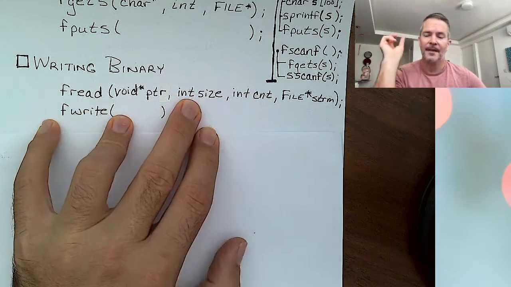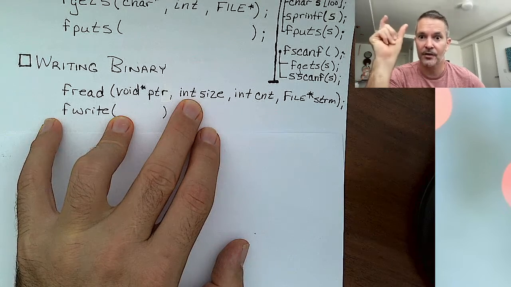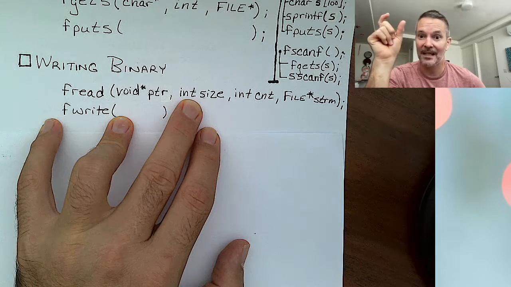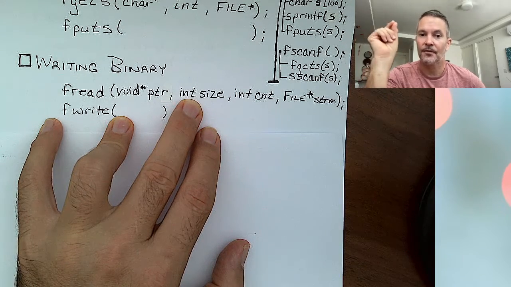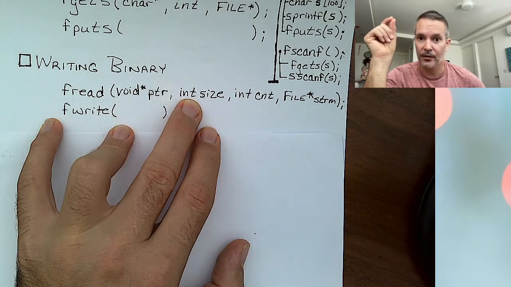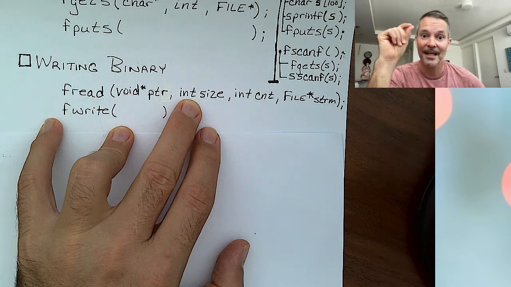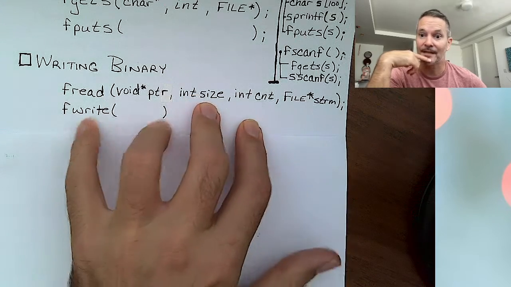Next, you say, I want to read chunks out of the file of a certain size. So if you want to read integer data out of the file, you would say size of int. If you want to read a structure out of the file, you'd say size of structure. If you want to read a character out of the file, you'd say size of character. And each of those are going to represent a certain number of bytes.